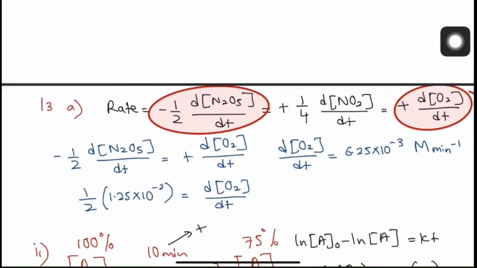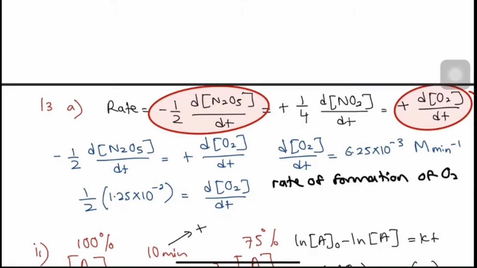So if you are unsure, do I have to include the sign or do I not have to include the sign? I have told you, you can always do a concluding remark, which is: rate of formation of oxygen equals to 6.25 times 10 to the power of negative 3 molar per minute.